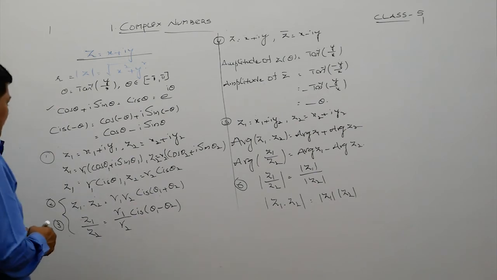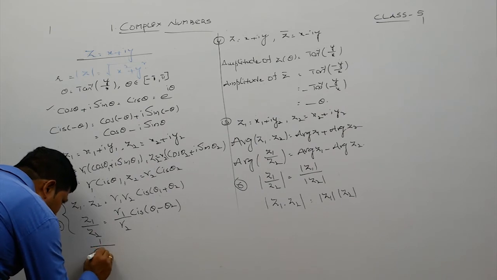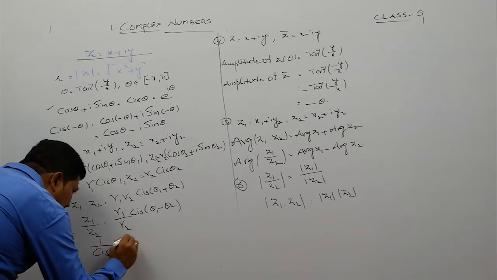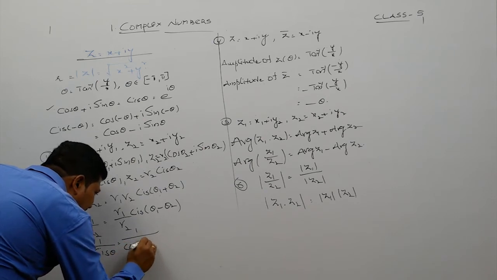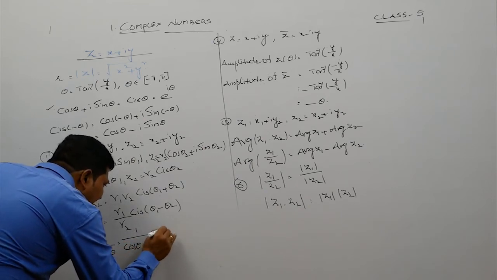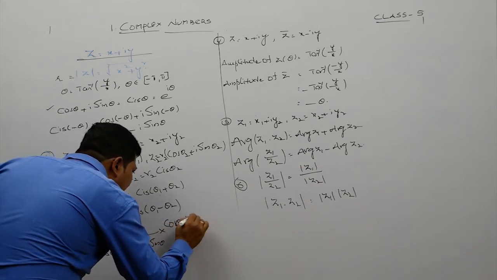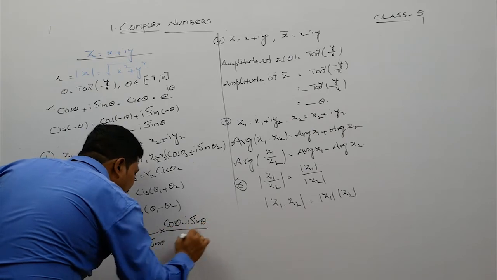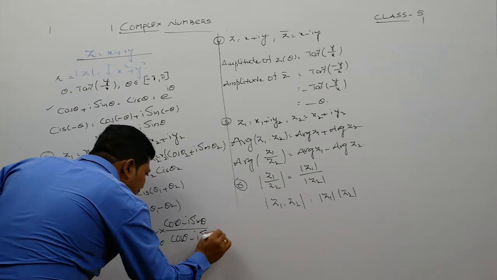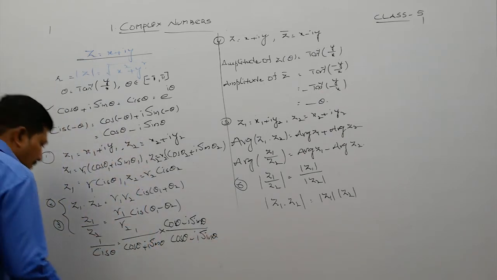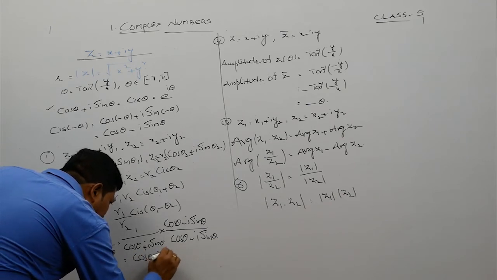Or you can see here 1 by cis θ. 1 by cis θ is equal to 1 by (cos θ + i sin θ), and rationalizing here we can have (cos θ − i sin θ) by (cos θ − i sin θ), and again 1 into (cos θ − i sin θ) is equal to cos θ − i sin θ.